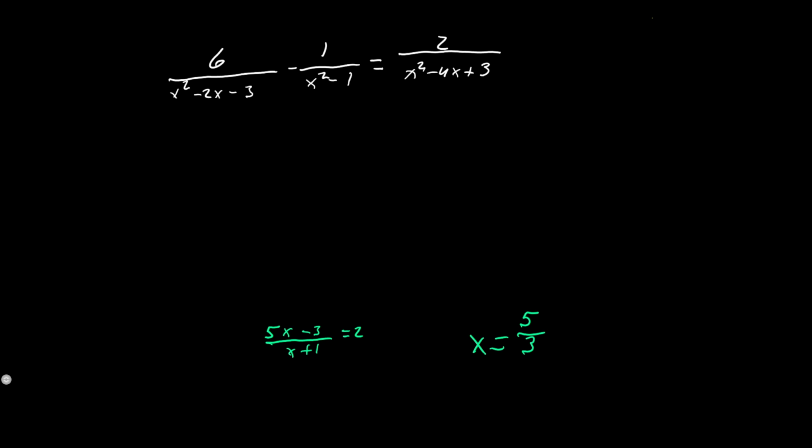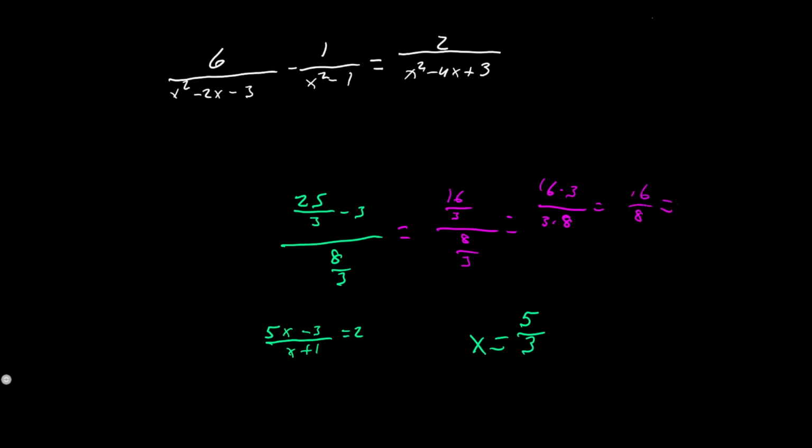So here we have 5 times 5 over 3, which is 25 over 3, minus 3, divided by 5 over 3 plus 1, which is 8 over 3. And that is going to give us 16 over 3 divided by 8 over 3, which is going to give us 16 times 3 over 3 times 8, which is 16 over 8, which indeed does give us 2.